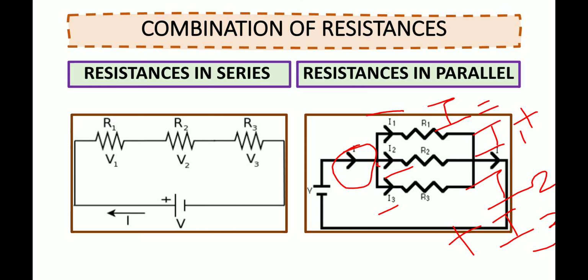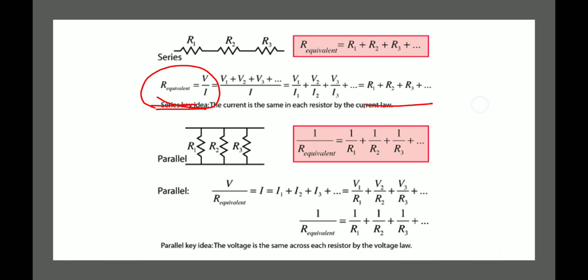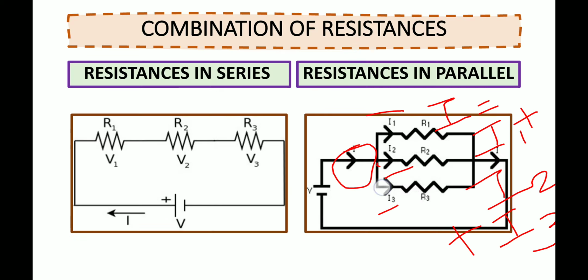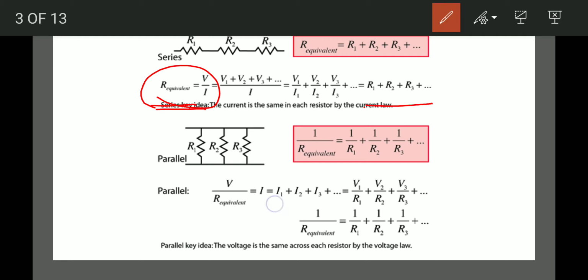So again on applying Ohm's law over here and substituting the values of I in this equation, we will find that 1 upon equivalent resistance is equal to the sum of the reciprocals of individual resistances, and this makes the equivalent resistance of the parallel circuit lesser than the individual resistances.